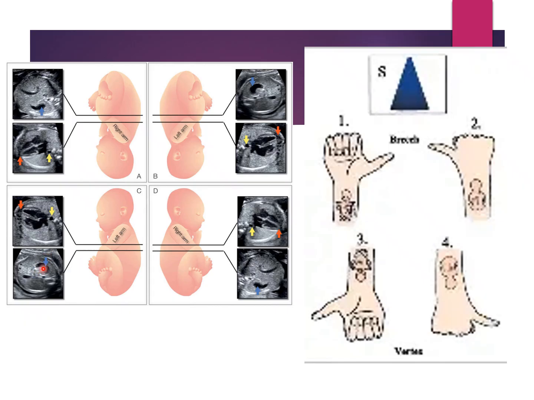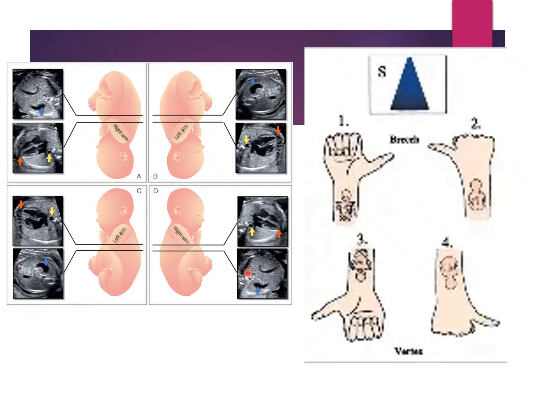That means that baby's left arm is closer to our camera and baby's right side is further away. So if baby is spine and on the left, then this baby is going to be breech, head is going to be up, and facing maternal right. The next one, same thing.